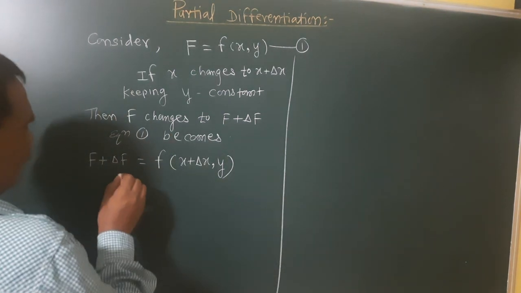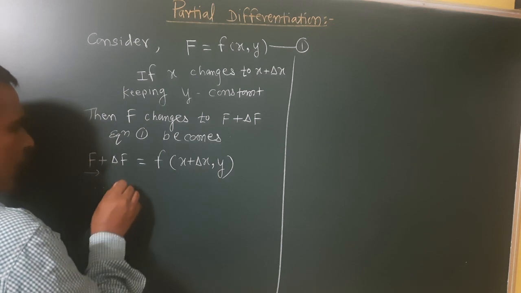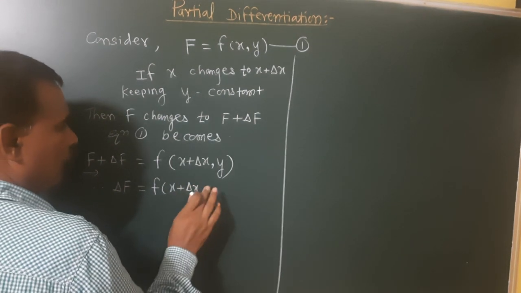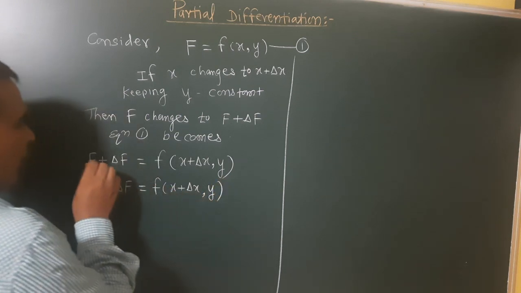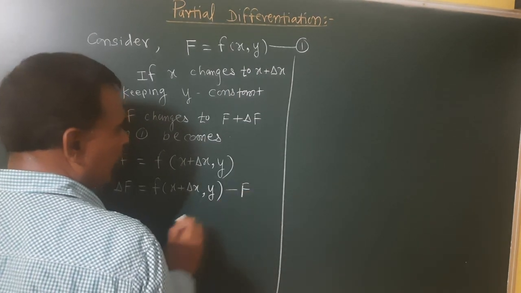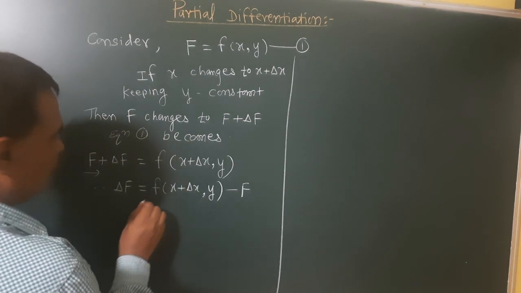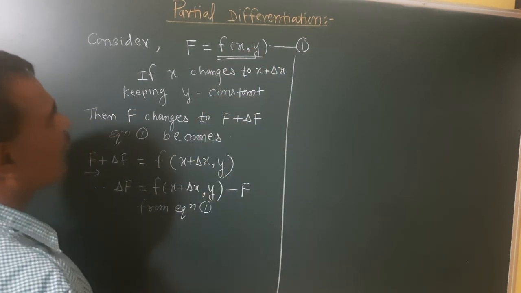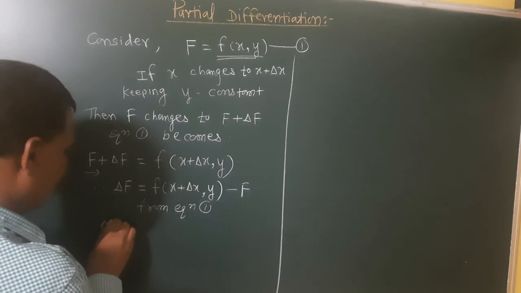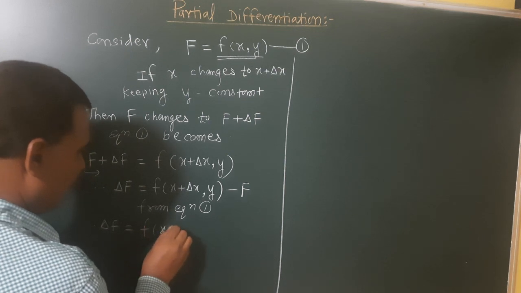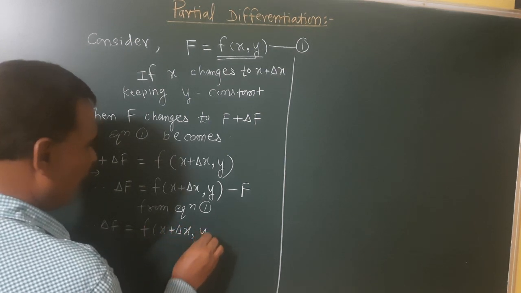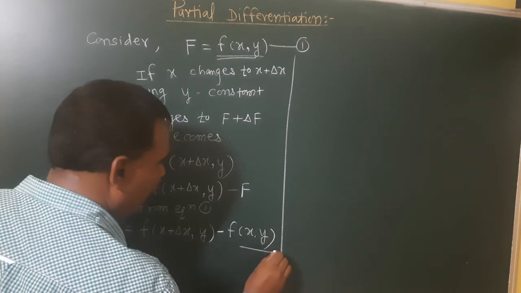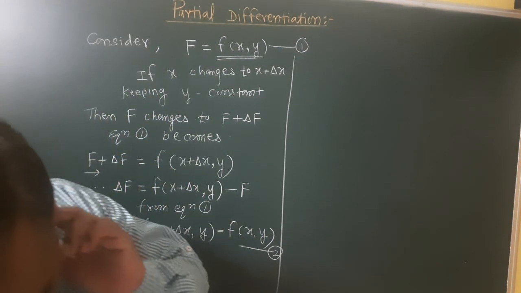After that, f moves to the other side, so delta f is equal to f of x plus delta x comma y, minus f. From equation 1, f is f of x comma y. Therefore, delta f is equal to f of x plus delta x comma y minus f of x comma y. This is equation number 2.